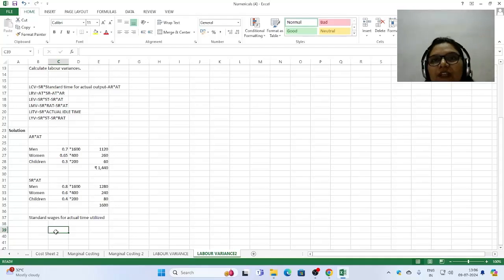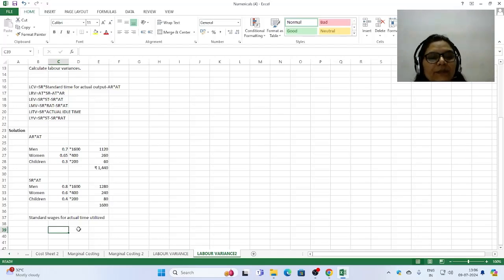Because in case of labor variances, we have the additional concept of idle time. Considering the fact that labor doesn't do the whole work and is not busy minute to minute, there is certain idle time which is always there. So we need to be very careful about how much actual time has been utilized by the labor while doing any sort of work, and therefore actual time utilized is very important for understanding the standard wages.